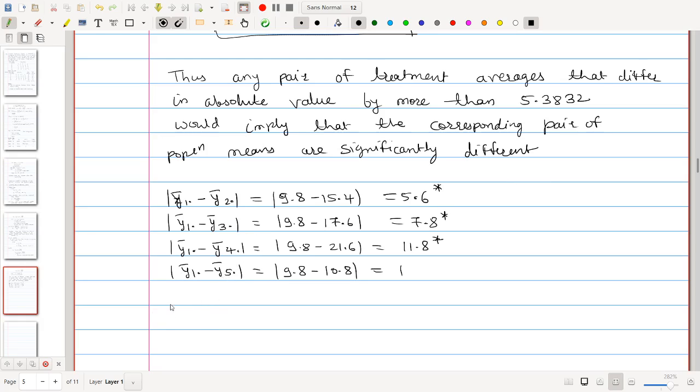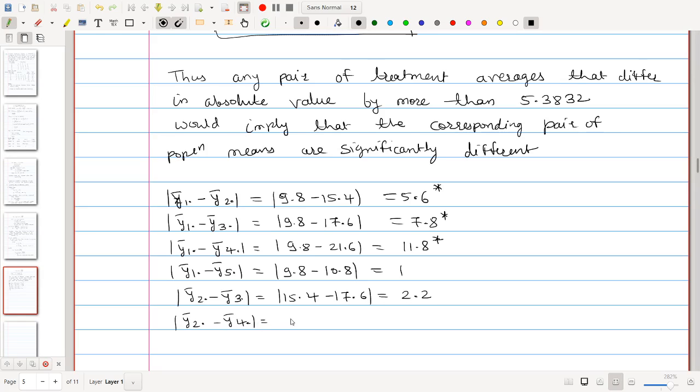Alright. Now we are going to take another pair, which is y bar 2 dot minus y bar 3 dot. Y bar 2 dot is 15.4 minus y bar 3 dot is 17.6. This difference is 2.2. This is not greater than 5.38. So I have not given a star. Do this for all pairs, y bar 2 dot minus y bar 4 dot.